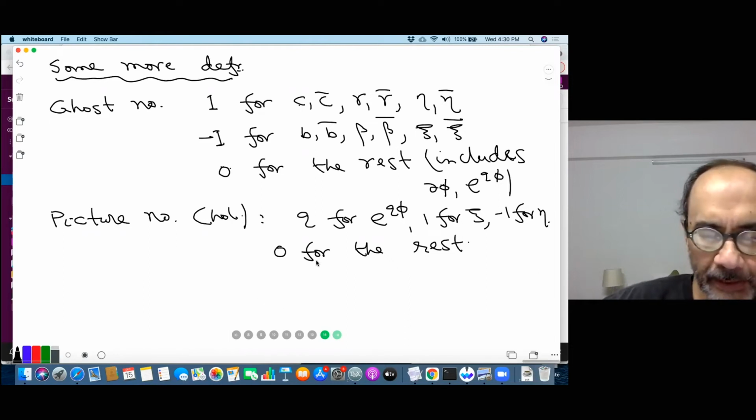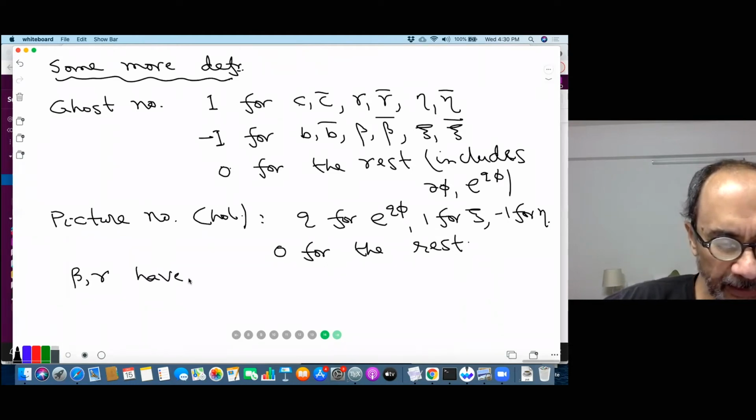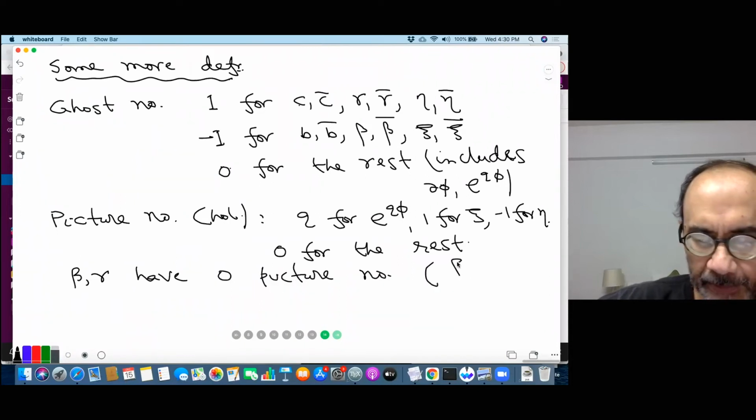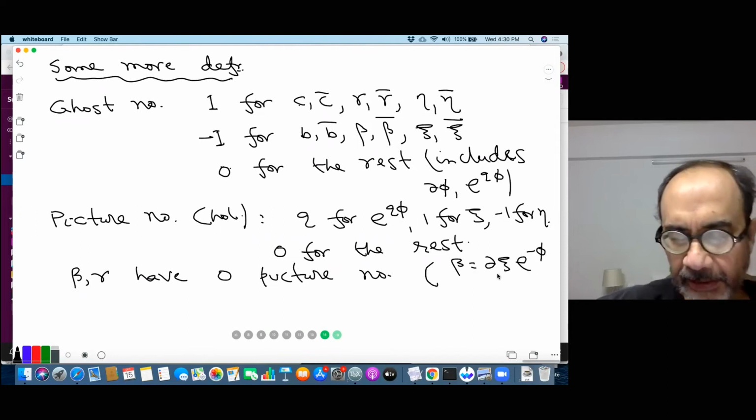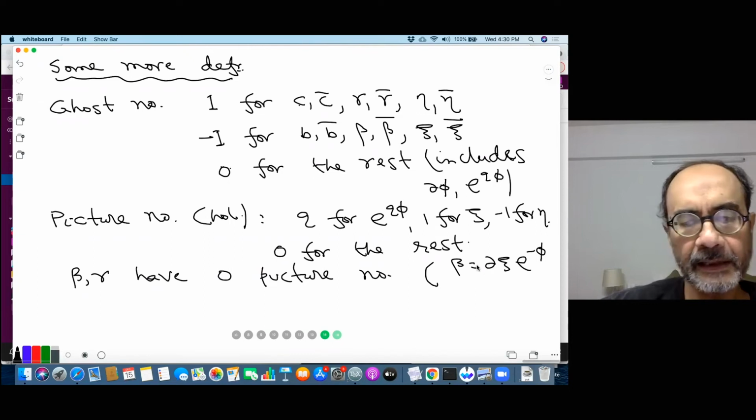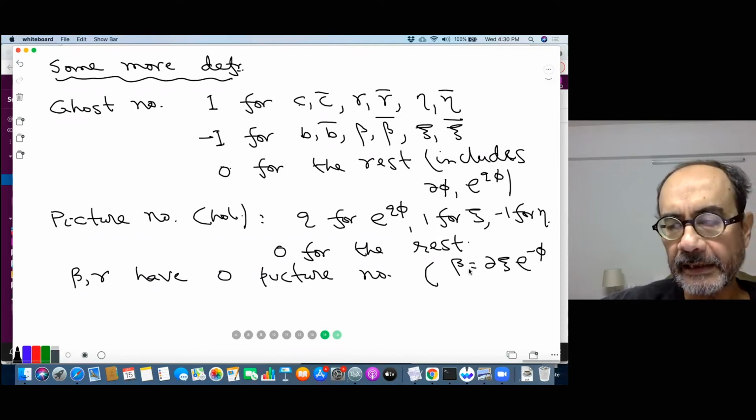So in particular, beta and gamma have 0 picture number. Because beta is del xi e to the -phi, right? So del xi has picture number 1 for xi, and e to the -phi has picture number -1.